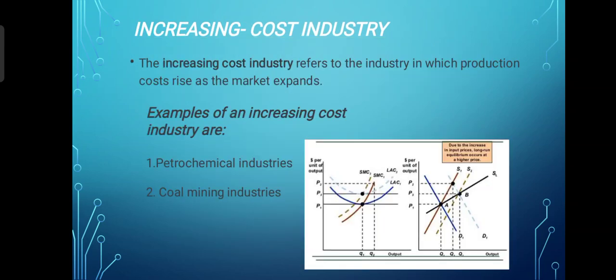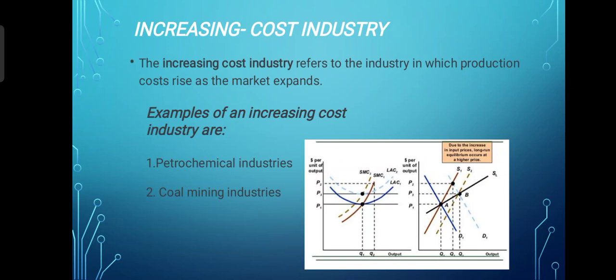Next. Increasing cost industry. The increasing cost industry refers to the industry in which production costs rise as the market expands. We know the cost of production is affected by the increased production of existing businesses or by the entry of new ones.